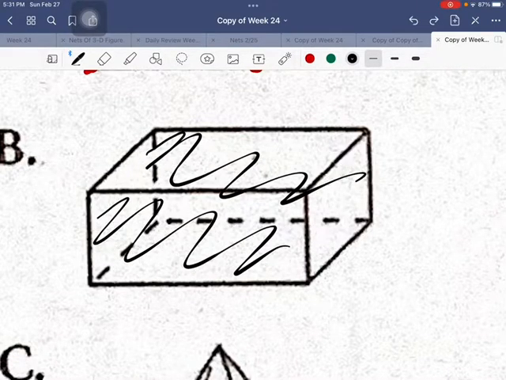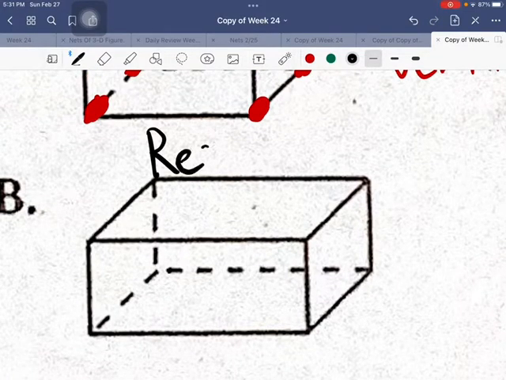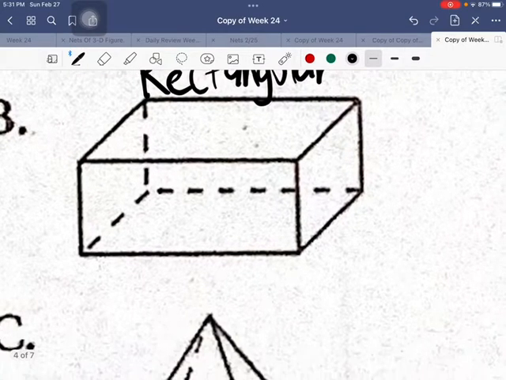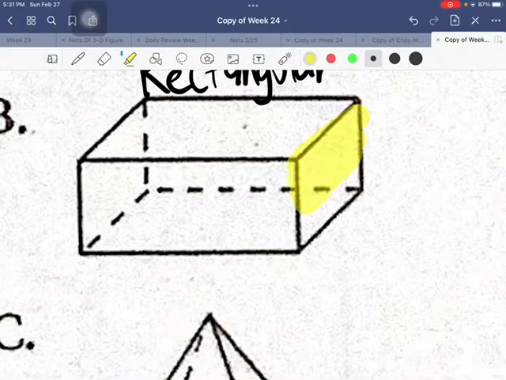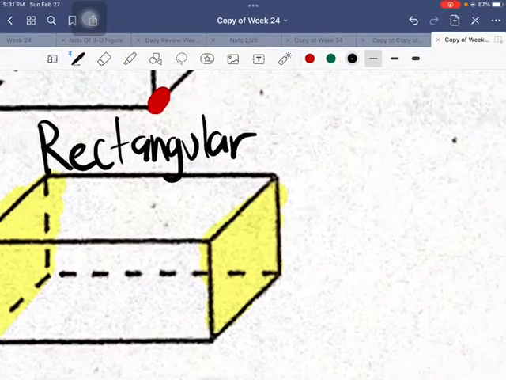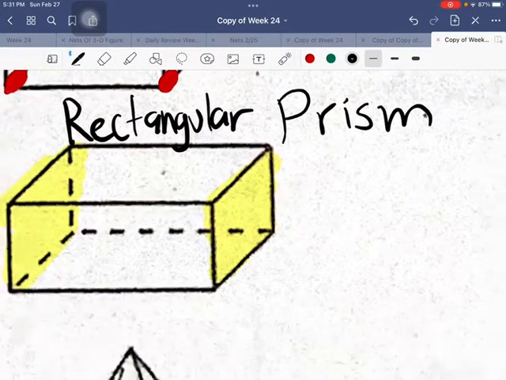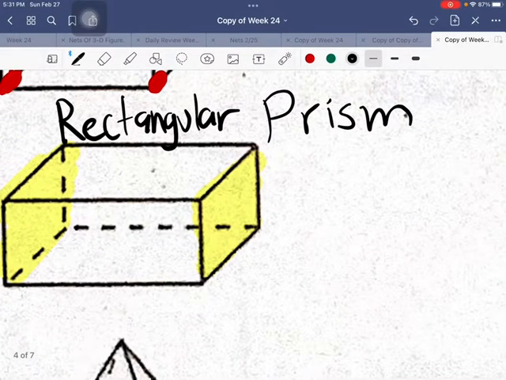So I think we're going to have rectangular at the very front, the first part of our name. And if it has two bases, what does that make it? A pyramid or a prism? Exacto, a prism. It has two bases, so it is a prism.